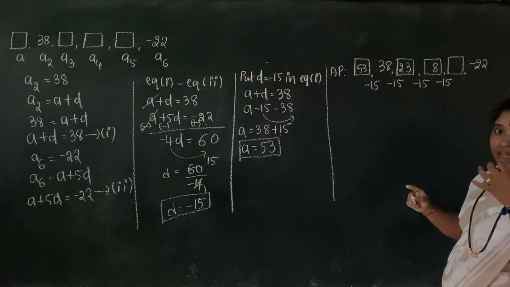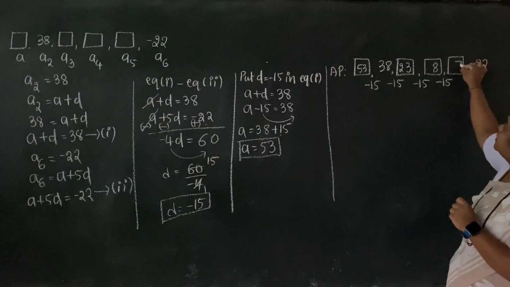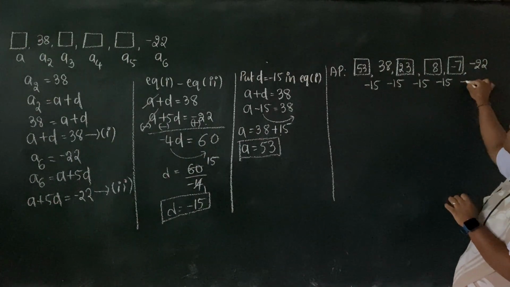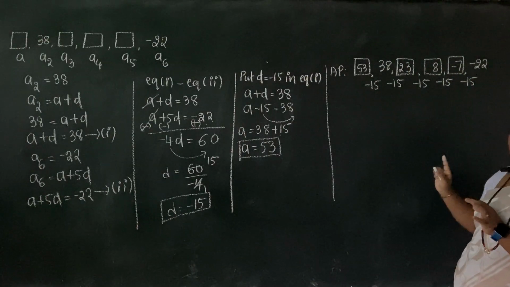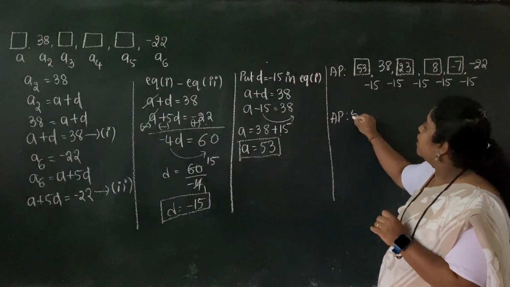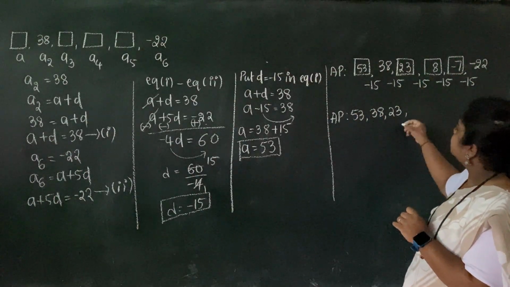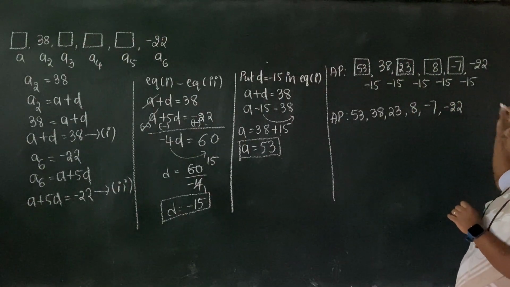We have to subtract smaller number from the bigger number. So 15 minus 8 is how much? 7, which is the sign of the bigger number. Minus 15, isn't it? So minus 15. Minus 7 minus 15 is how much? Minus 22. So required arithmetic progression is 53, 38, 23, 8, minus 7, minus 22.